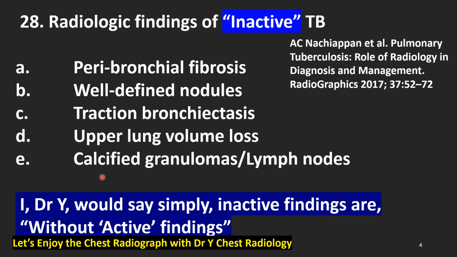It is a little more complicated. I, Dr. Y, would say simply, inactive findings of tuberculosis are without active findings. I would say simply, without active findings usually means inactive findings.